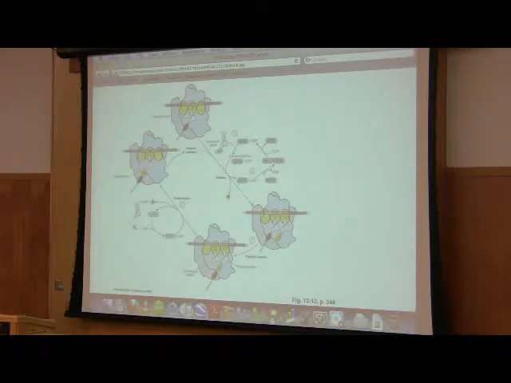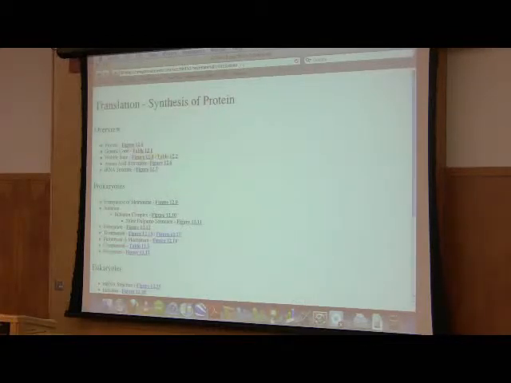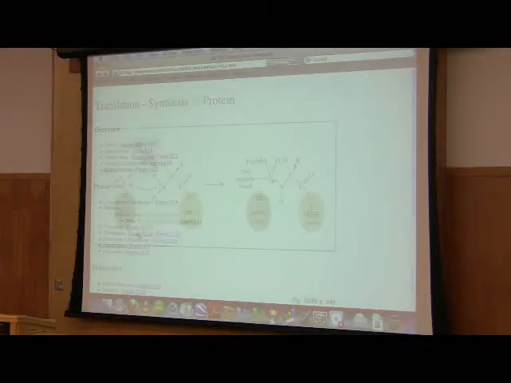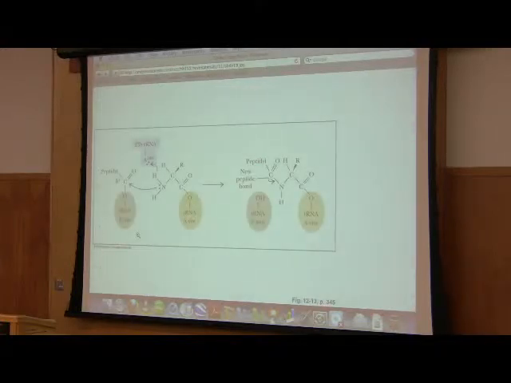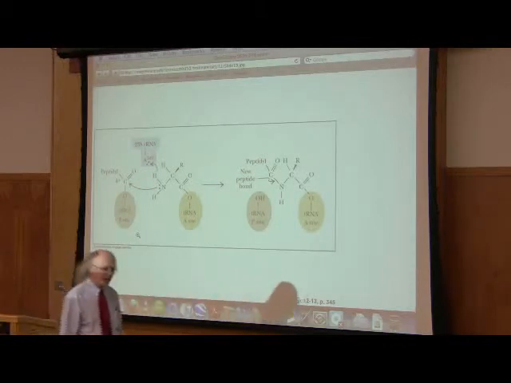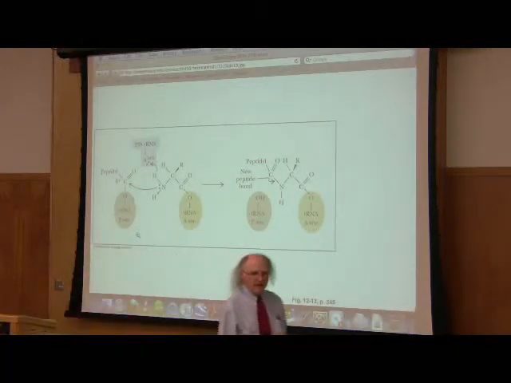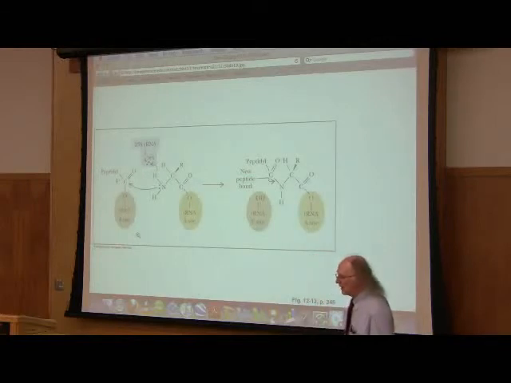When the stop codon appears in the A site, the ribosome stops. And the reason it stops is that there's no tRNA that will form a stable base pair with the stop codon in the A site.